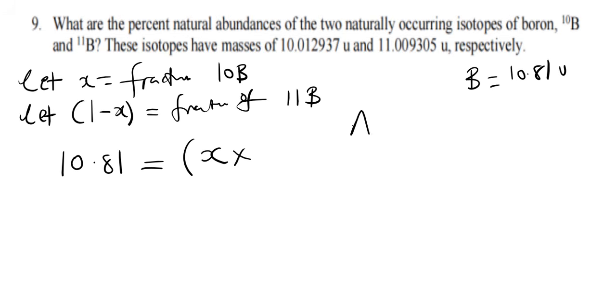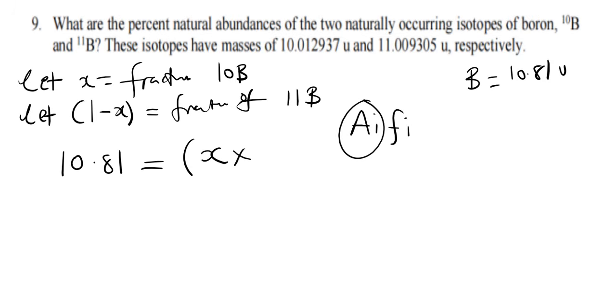The same formula, sum of A_i F_i. The atomic mass units, the ones you see on top, 11 and 10, they've already given us these, and these are the ones we should use.